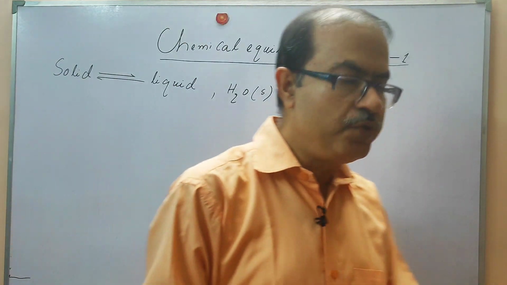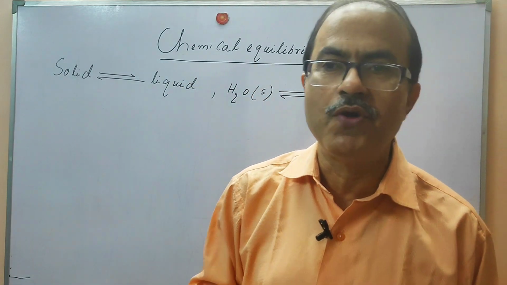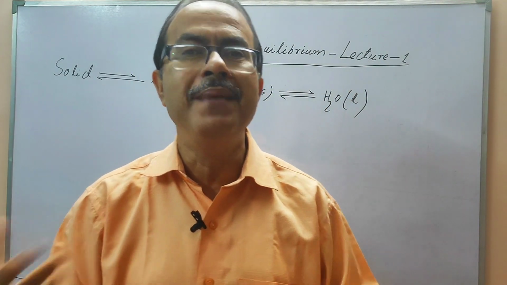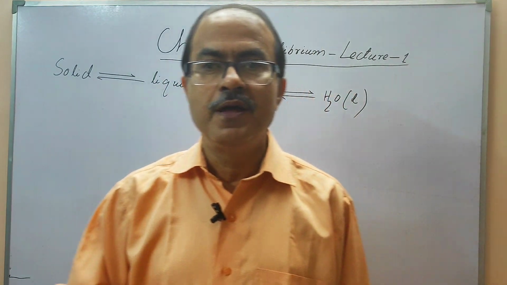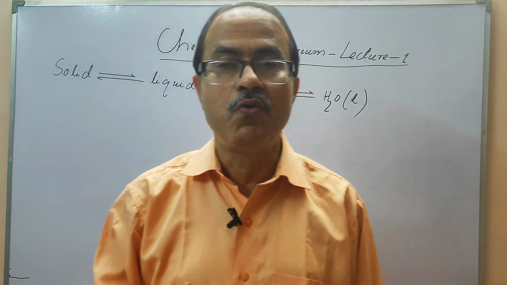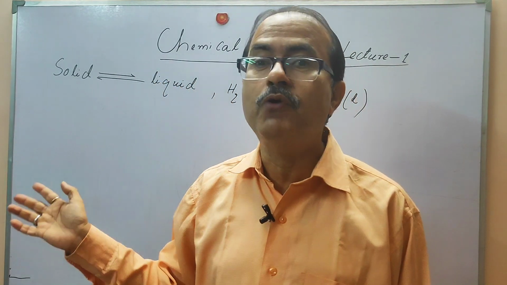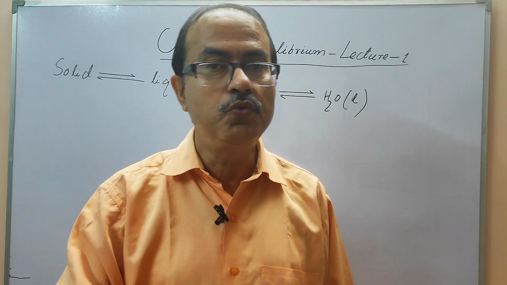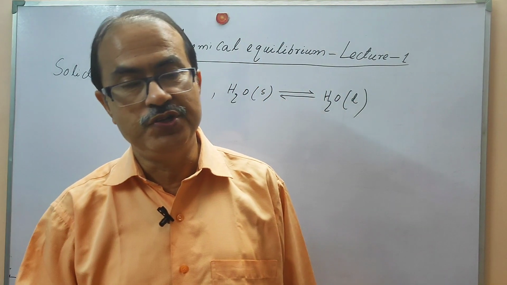Normally, when we put a solid, that is ice, in an open atmosphere, what is going to happen? After some time it will melt. But if we keep the ice and the water in a thermos flask, what is going to happen? Now there will be no heat flow from the outside to the constituents, the solid ice and the liquid.